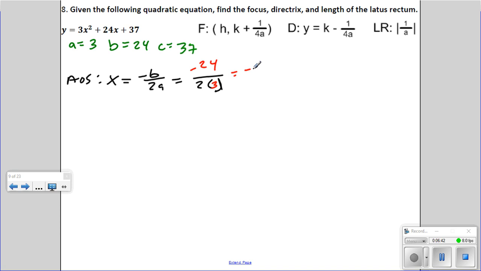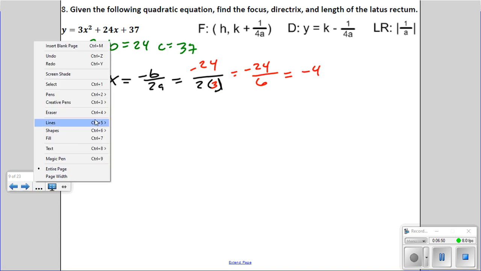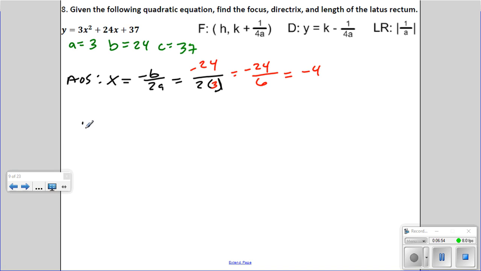So that's negative 24 over 6, which would give me a negative 4. We then have to plug in negative 4 for every x value to find the y value. And again, you're welcome to use a calculator if you don't want to do this by hand.